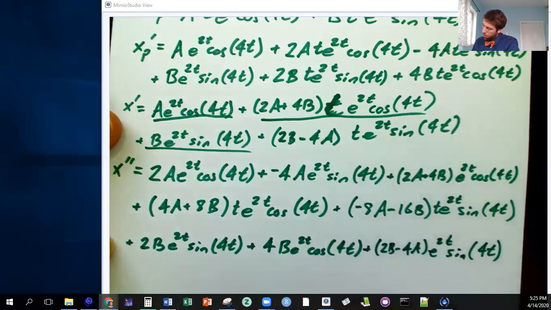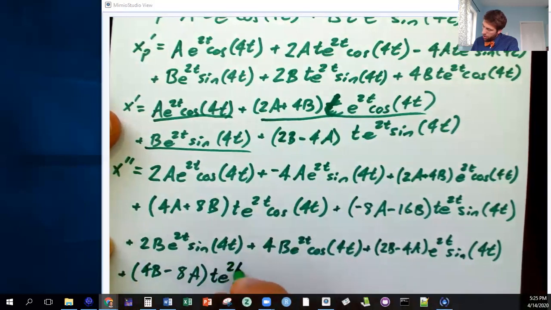And then take the derivative of the e to the 2t. So then you get plus 4b minus 8a, and then t e to the 2t sine of 4t.